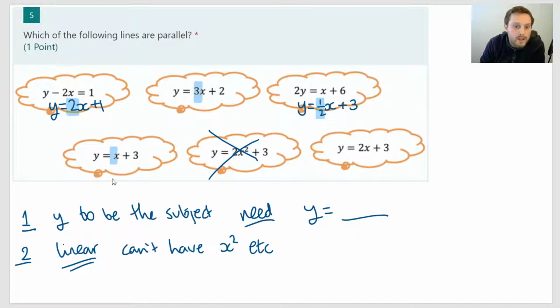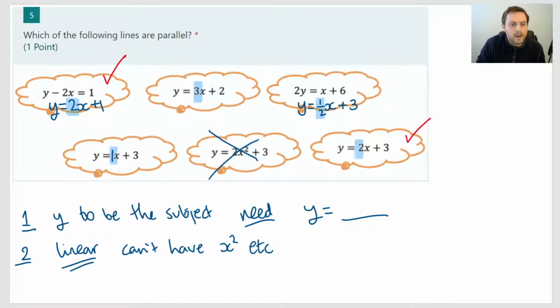It's 1x, isn't it? This one we can just ignore because it's not a straight line graph. And this also has a 2. So it's this one and this one. And if you indicated that somehow with how you wrote out your answer, I awarded you that mark. Okay, so I went ahead and marked everyone's manually and changed the people who didn't automatically get the mark.